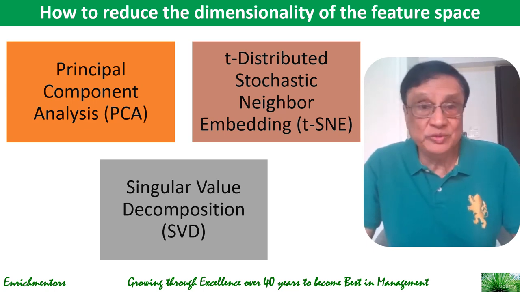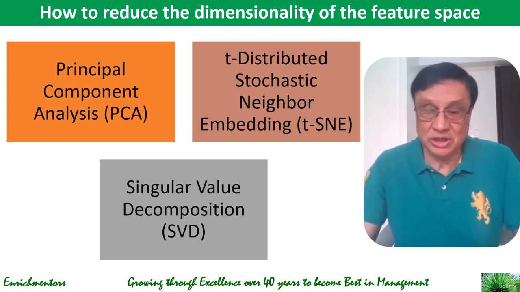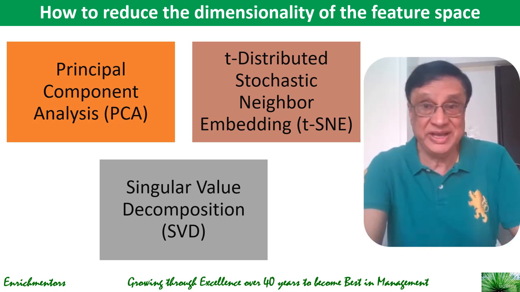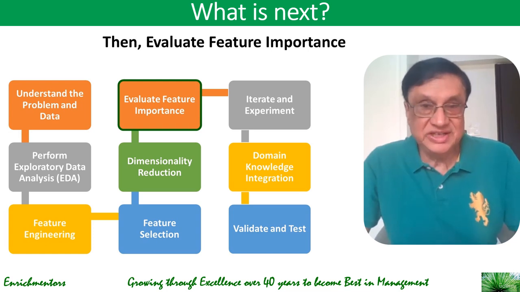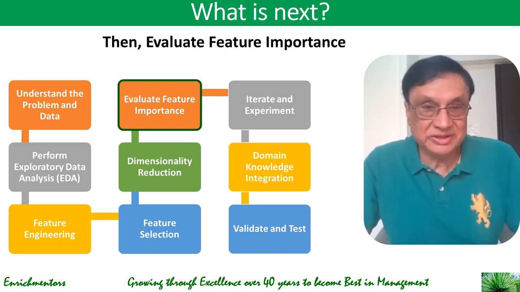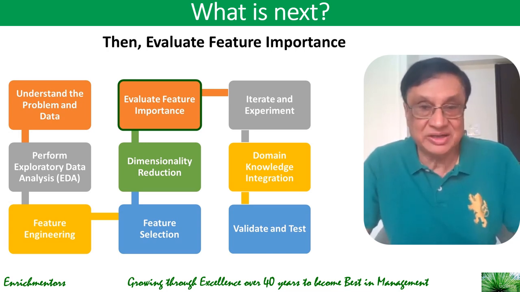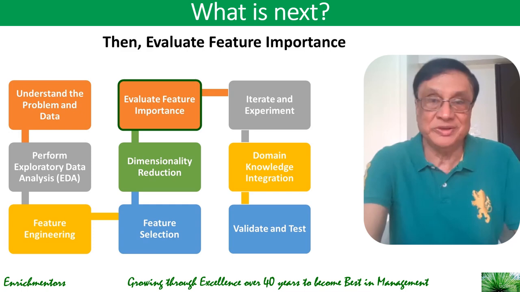It is to improve the efficiency and effectiveness of your machine learning model. So what do we do next? We come back to evaluating the feature importance, and we will see how it is different from the feature importance that we did earlier. And this is after we have done the dimensionality reduction for optimal model performance.